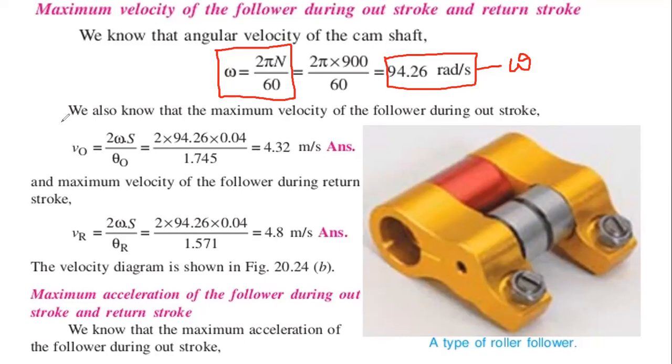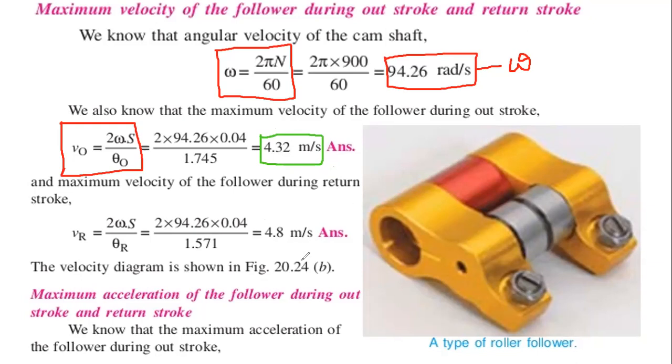We have the formula: velocity of the outstroke is equal to 2 into omega into S by theta of O. Then we have got the value for the outstroke velocity as 4.32 meters per second. That is the velocity of the outstroke.